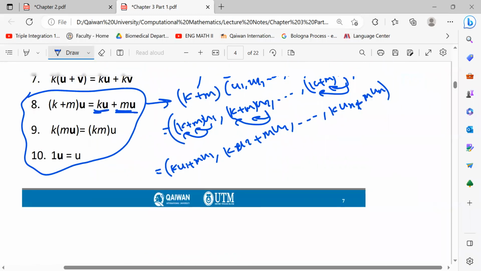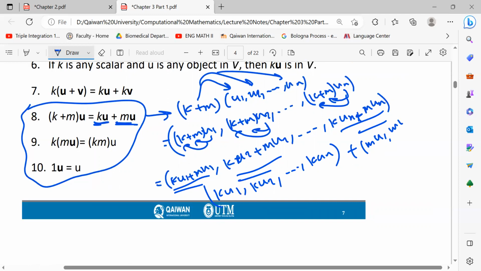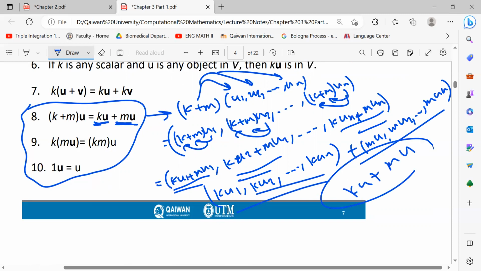We now separate these two. It is ku1, ku2, up to kun plus mu1, mu2, up to mun. This is mu, and this is ku. Is it proven or not? Yes. It's easy.